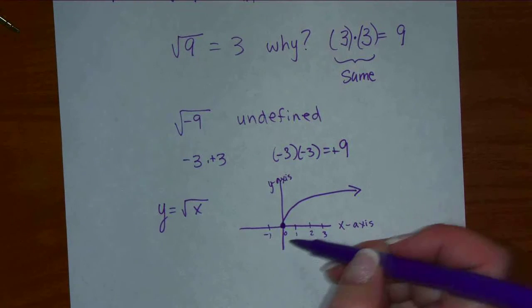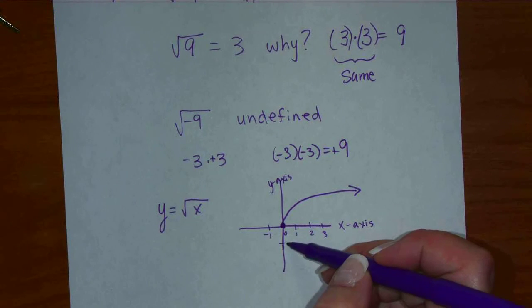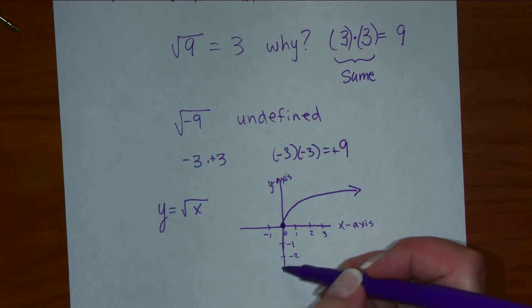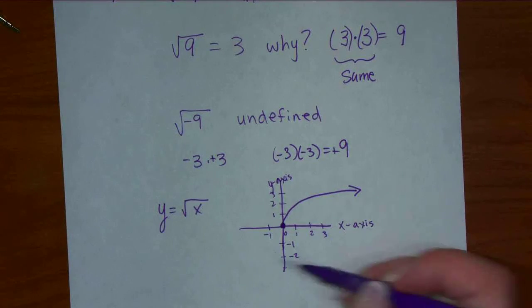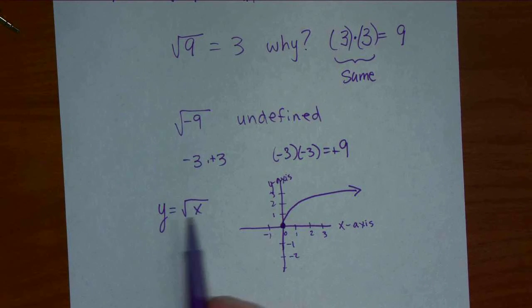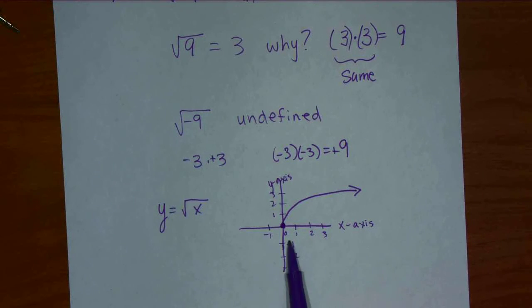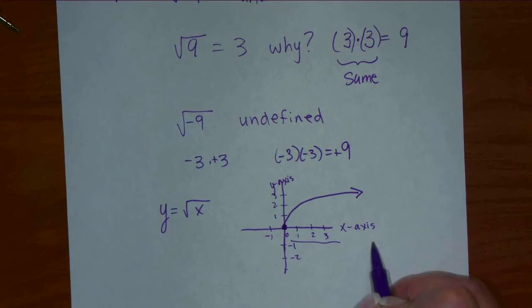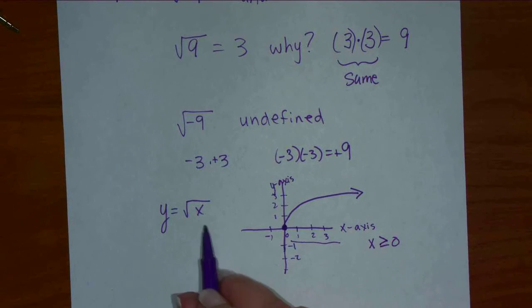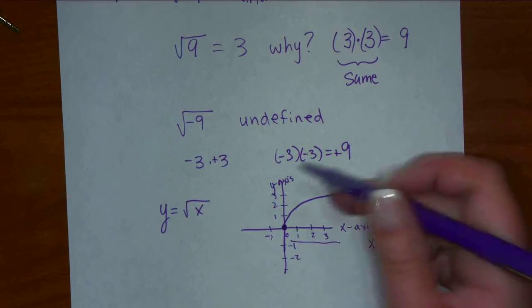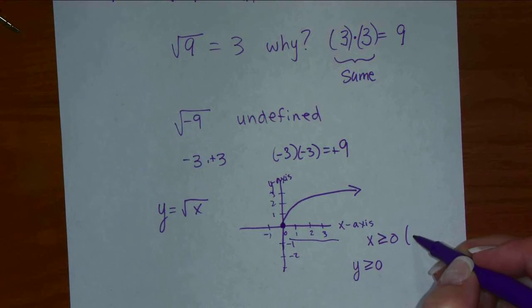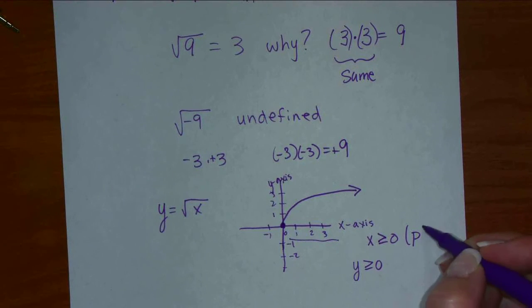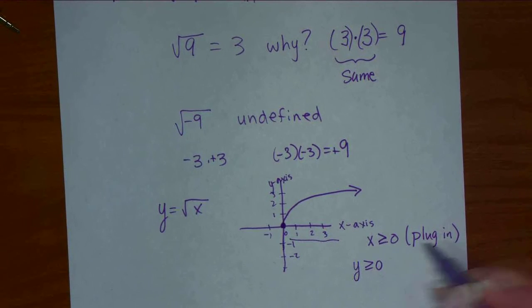And what about the y values? Down here is negative. What's up here? Positive. So the number you plug in has to be positive. We say x is greater than or equal to 0 for a square root function. This is your input, or the number you plug in, and your x has to be positive.